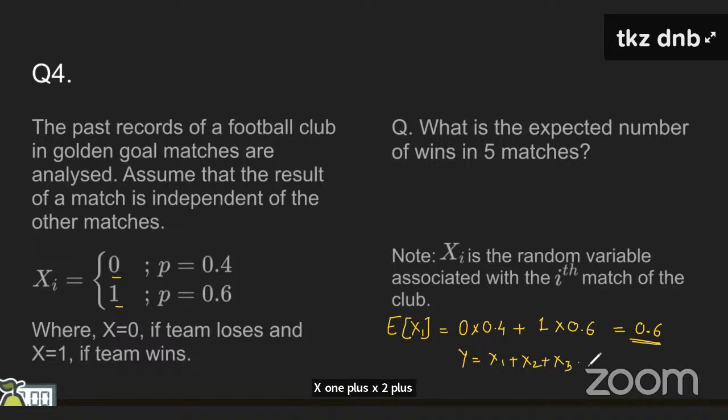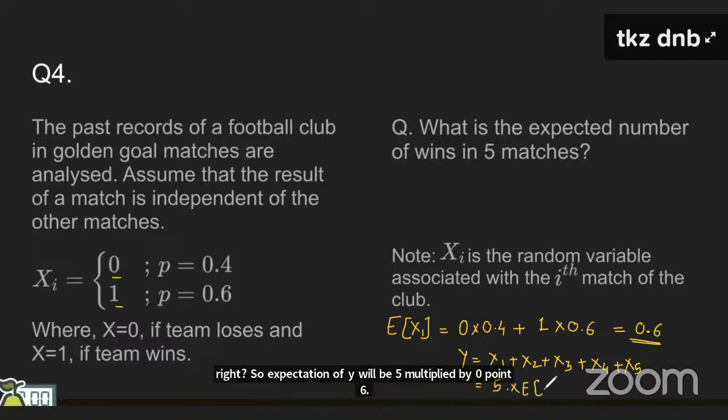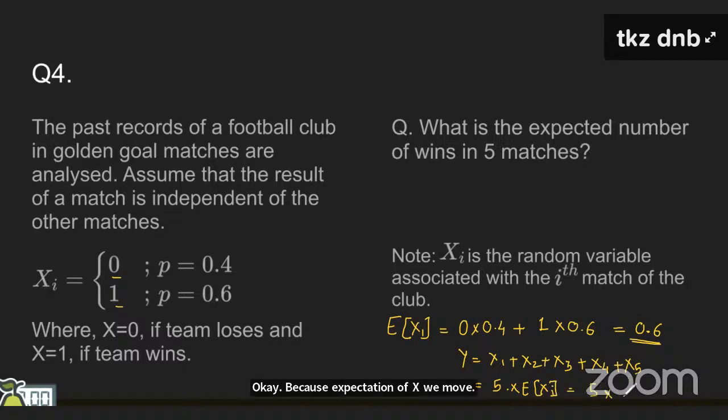So once we get the expectation of y, we are through, right? So expectation of y will be 5 multiplied by 0.6, because the expectation of each x we know, which is equal to 5 into 0.6, which is equal to 3.